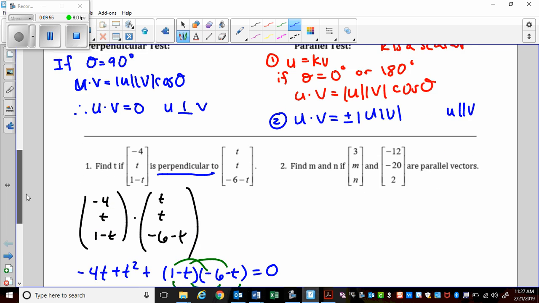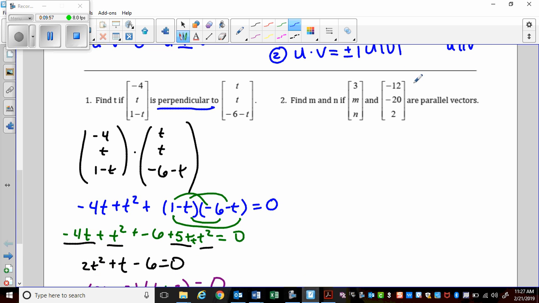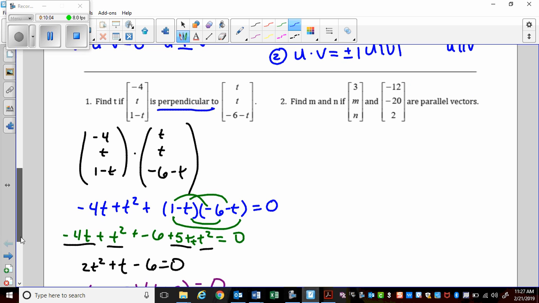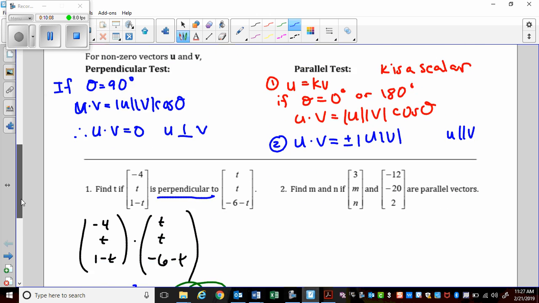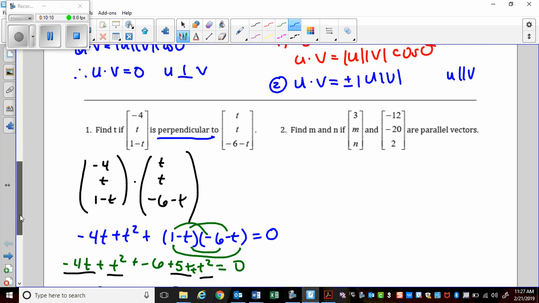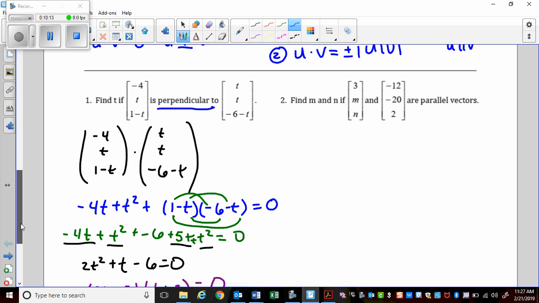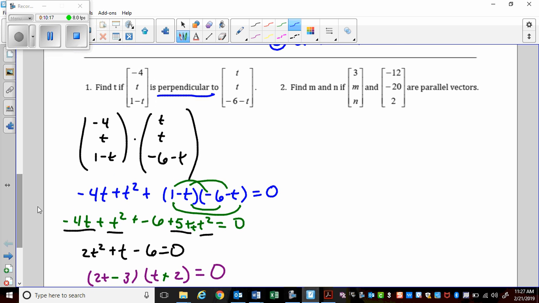The next one says find m and n if these two vectors are parallel vectors. We know that if they're parallel, then my theta, when we use our formula, has to equal 0 or 180 degrees, either one. So I'm going to write them as a vector.